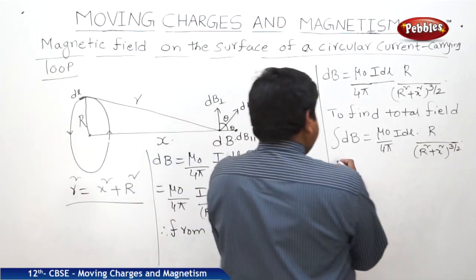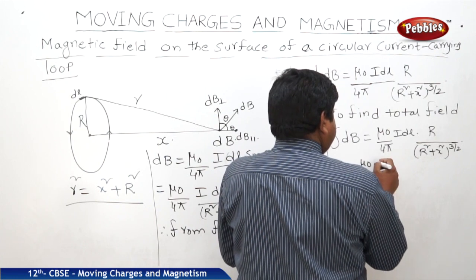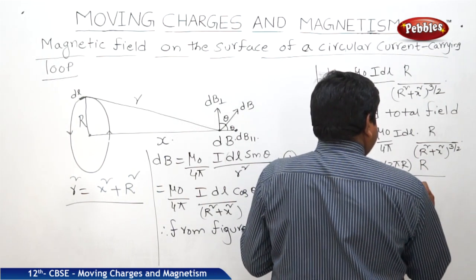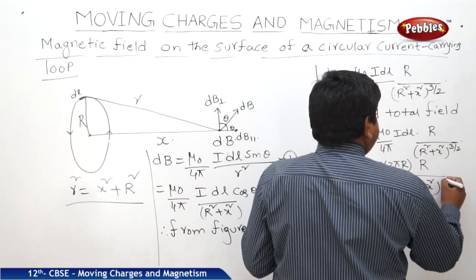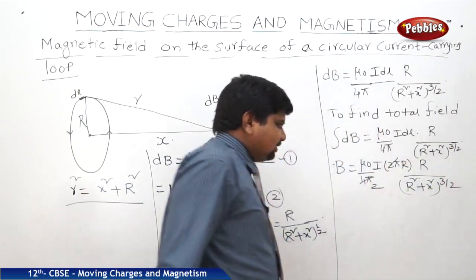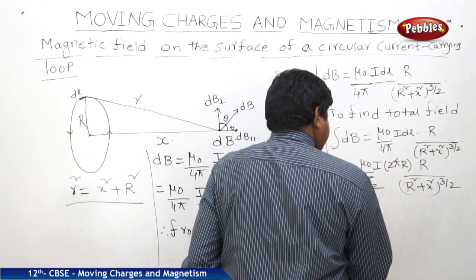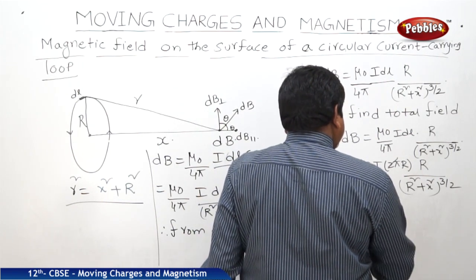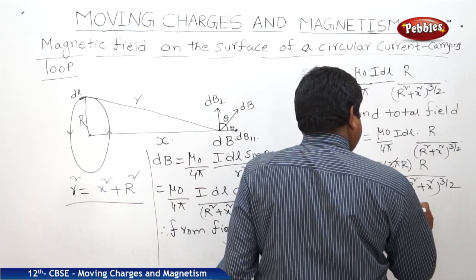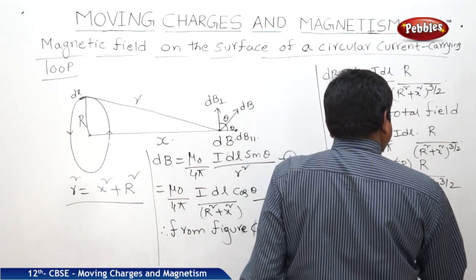So therefore B is equal to mu naught by 4 pi I into 2 pi r into r by r square plus x square whole power 3 by 2. 2 pi by 4 pi gives 1 by 2, and r into r gives r square. So therefore the x component Bx is equal to mu naught by 2 into I r square by r square plus x square whole power 3 by 2.